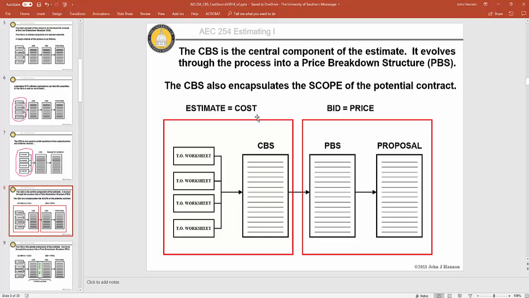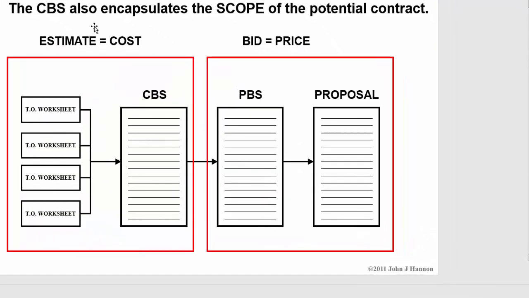And then one thing to keep in mind is that this portion of the whole schema here is estimating. It's on the cost side. And this is really what we're most concerned about in this class. Once we create a price breakdown structure, then we're dealing with price.